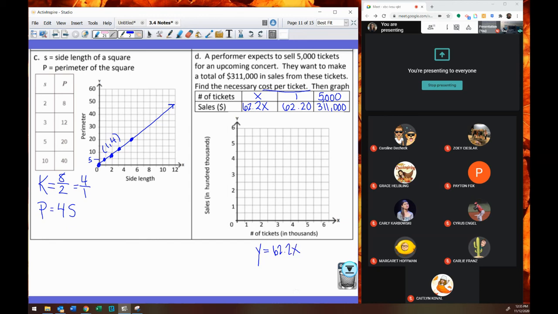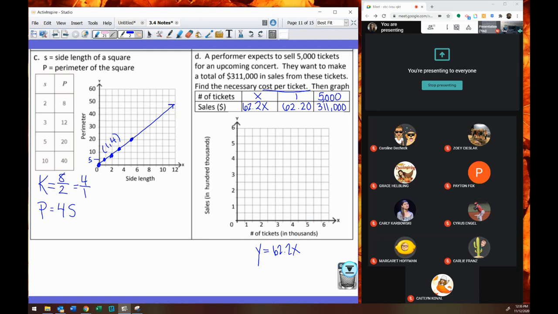Draw your graph in. Pay attention to your scaling because we're in thousands of tickets here. So I'm going to plot this one first because if I try to plot 1, I'm not even really going to be able to see it. So I have 5,000 tickets is $311,000.